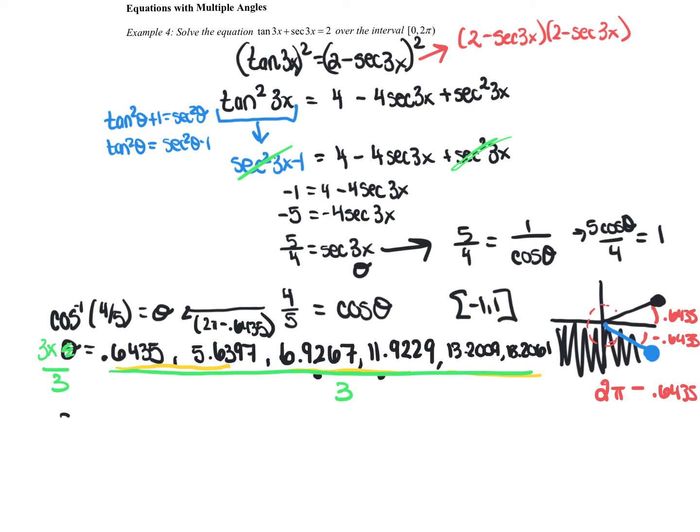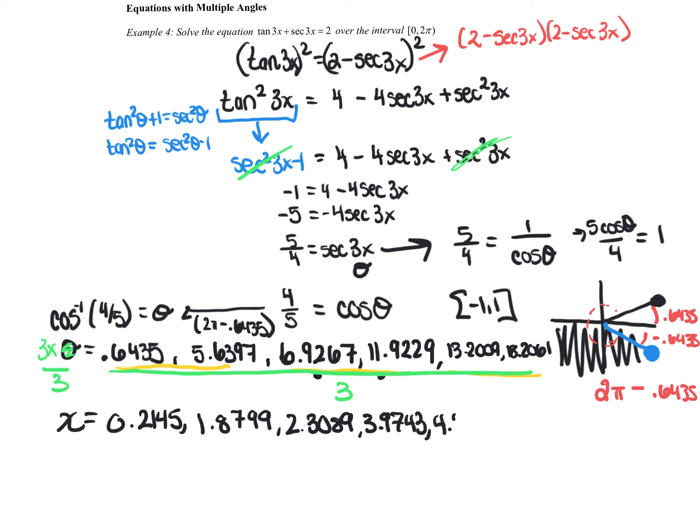So I have to solve for x. So x is going to equal 0.2145, comma, 1.8799, comma, 2.3089, comma, 3.9743, comma, 4.4033.